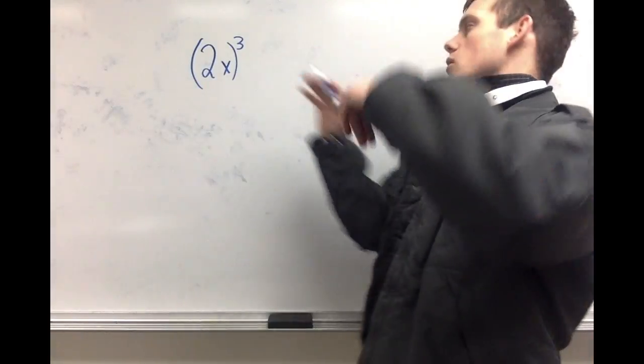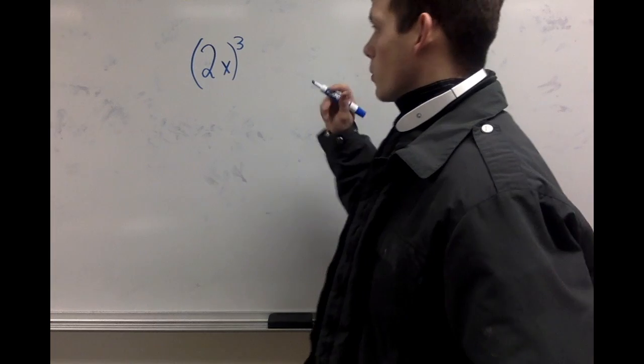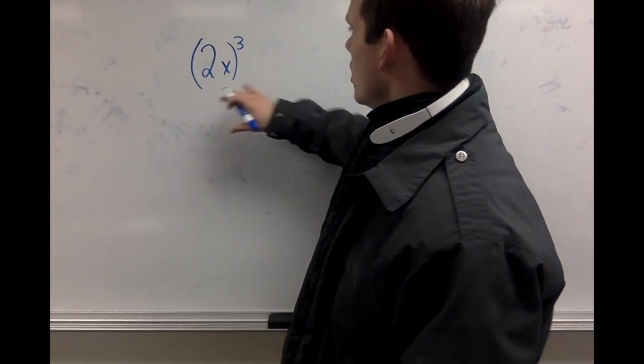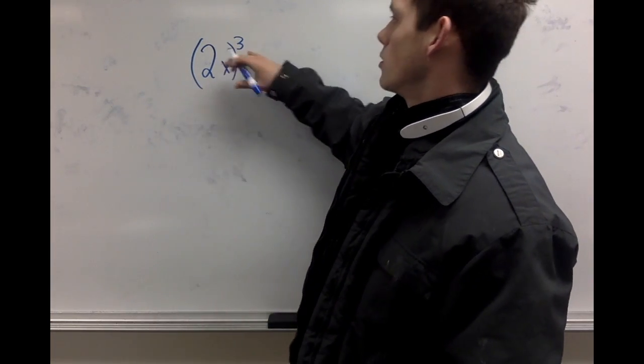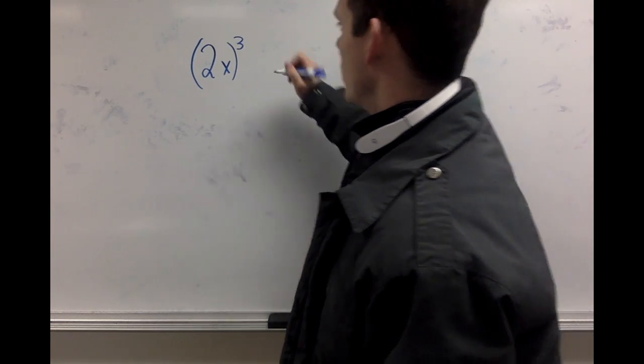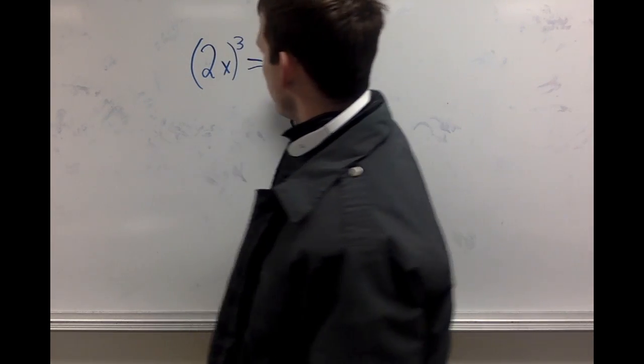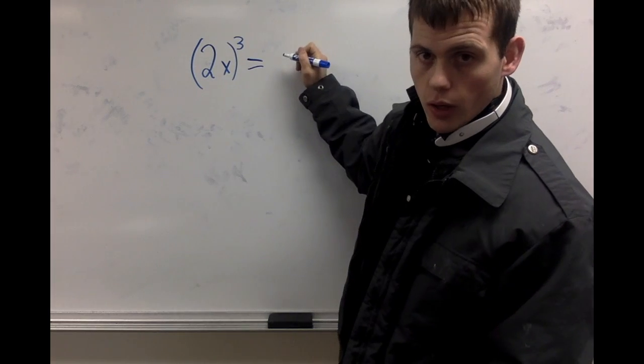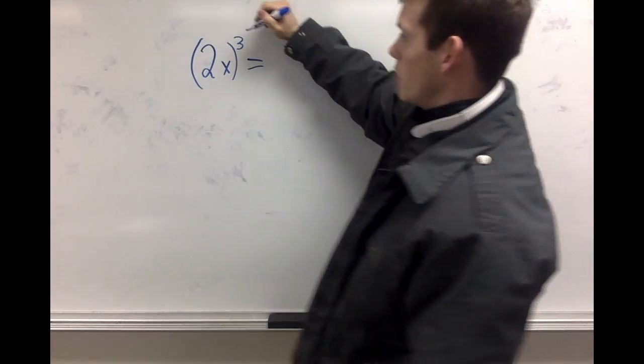Next, we're going to step it up. But don't let that worry you. I'll take you right through the problem. So now we have 2x to the third. Now this is a little bit different because I like to do what I call distributing the exponent.